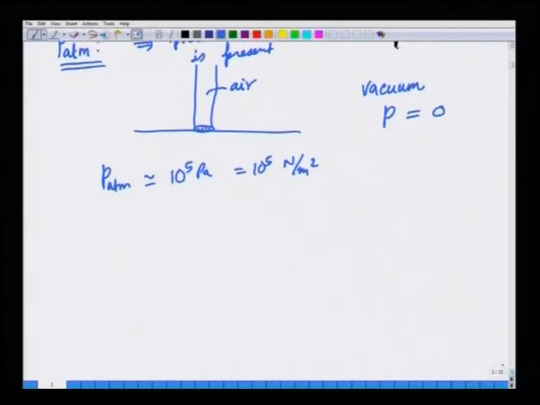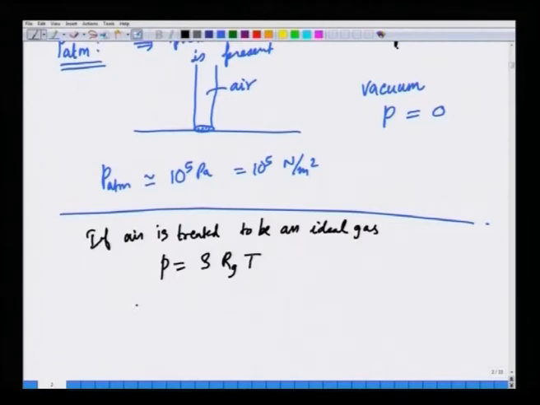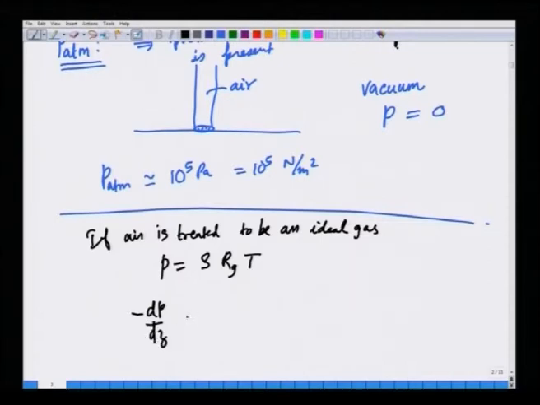The other thing we discussed was the role of compressibility. So, if air is treated compressible, okay, to be an ideal gas, so we said that P is rho times the specific gas constant R g times T, then you had dP dz is minus rho g.